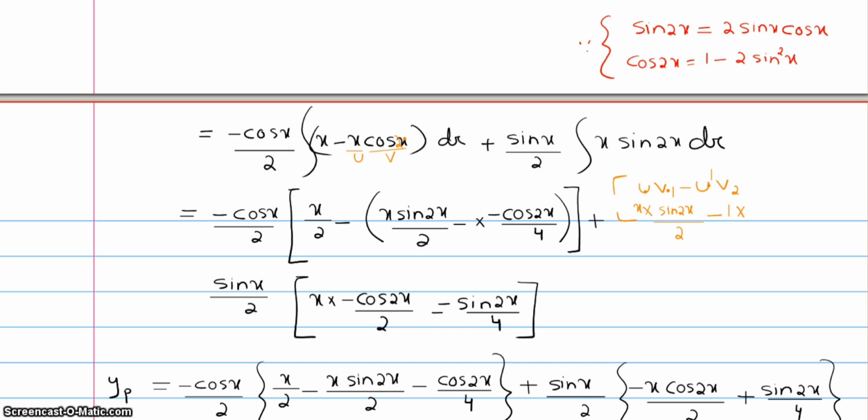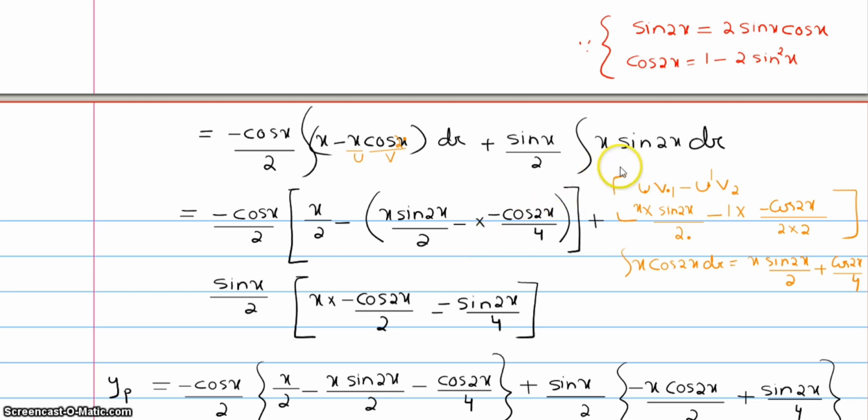So integrating sin 2x by 2 again with respect to x we get minus cos 2x by 2, and again the derivative of 2x is 2, so 2 into 2 we get 4. So the integral of x cos 2x dx will be x into sin 2x by 2 plus cos 2x by 4. That is what we got here.